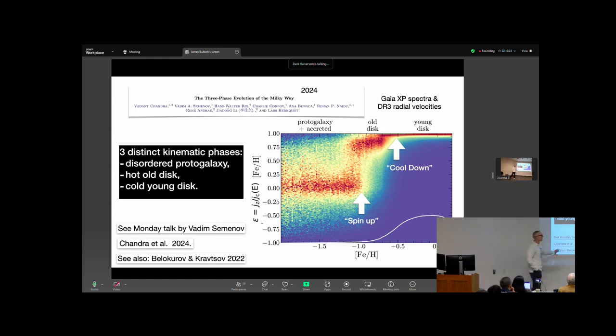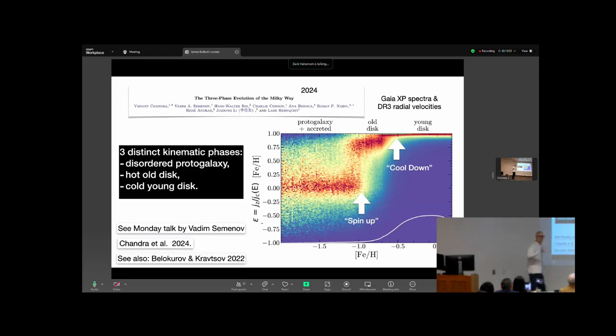At low metallicity, stars are on pretty radial orbits, so you can think of this as a spheroid or inner bulge. At intermediate metallicities, the stars are orbiting, but they're not super circular, so they're spinning, but it's kind of a thick disk component. And then finally, after a characteristic metallicity that they called cool down, the stars snap to these very circular thin disk type orbits. This is pretty remarkable.